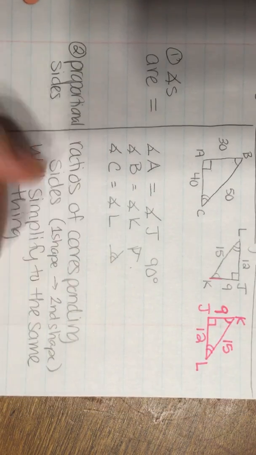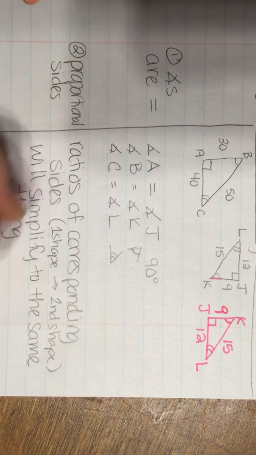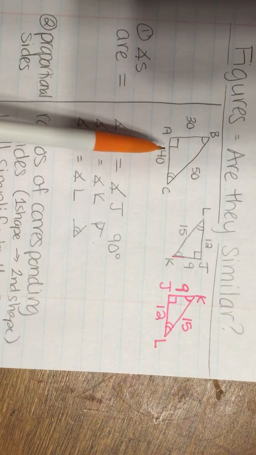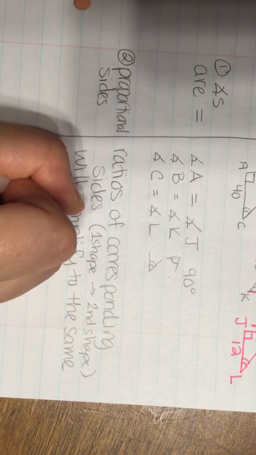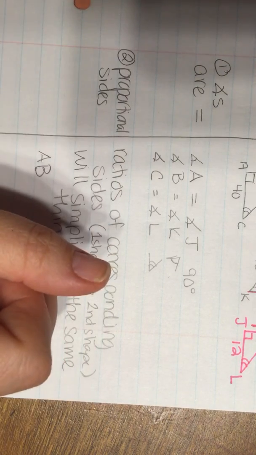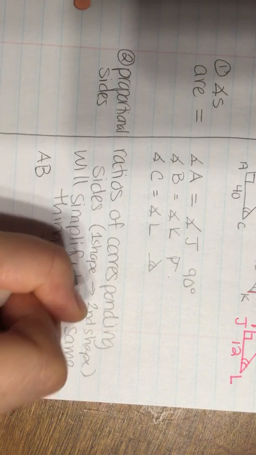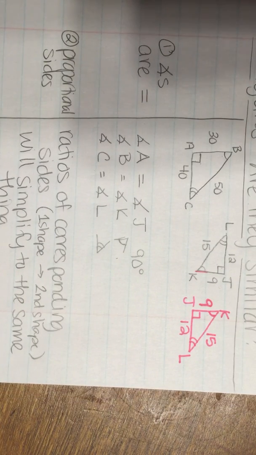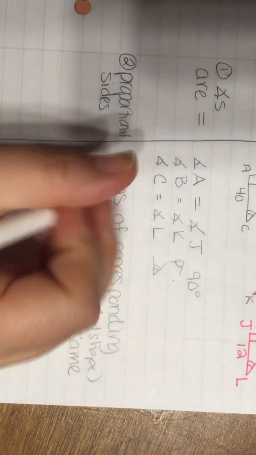Okay, so we have side AB, and side AB right here is corresponding to side KJ. So those are going to be the top numbers in each of my fractions. Those are 30 and 9.